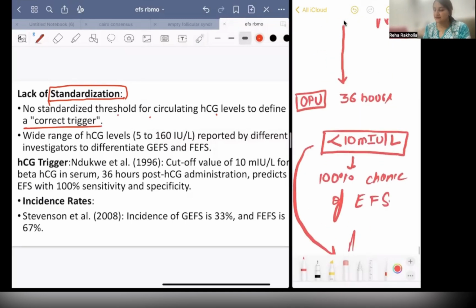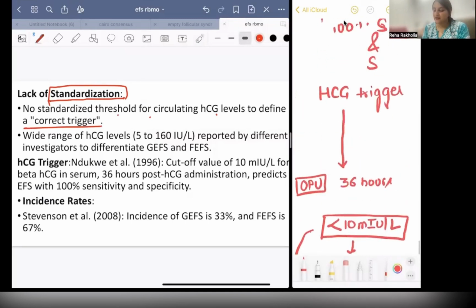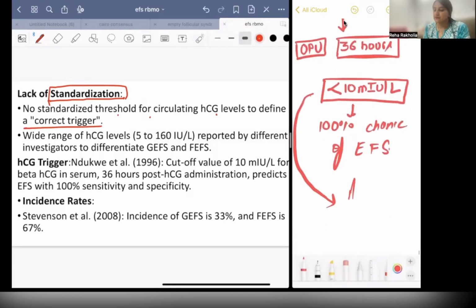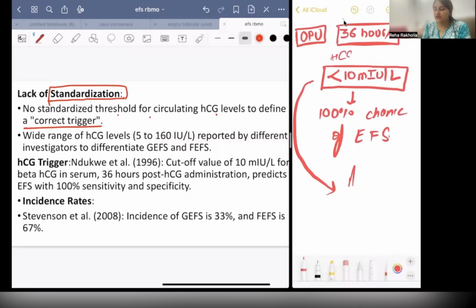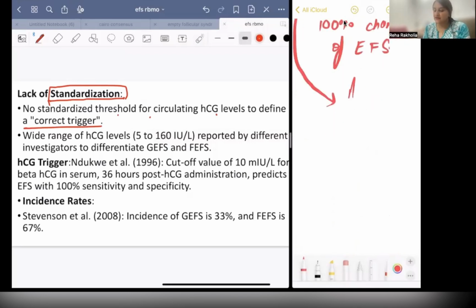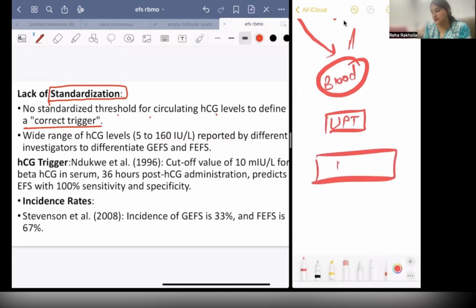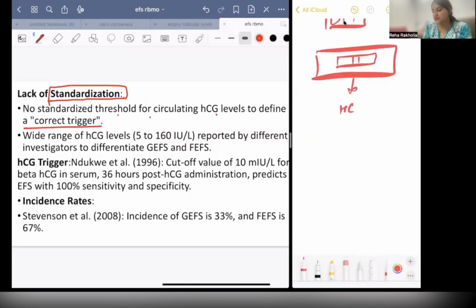So that means if after 36 hours OPU is done and no oocytes are retrieved, then we'll do HCG. How will we do HCG? Either we'll do blood HCG, but the report will come later, that's why blood HCG is not done. We usually do the UPT test, the urine pregnancy kit test. If that comes out positive, we consider that HCG was optimal.